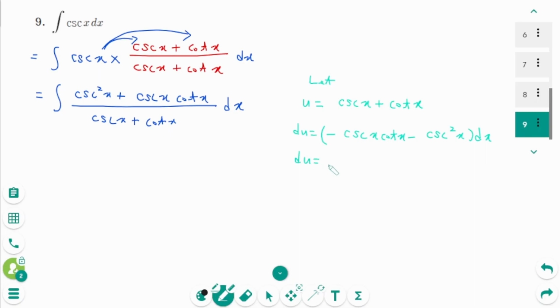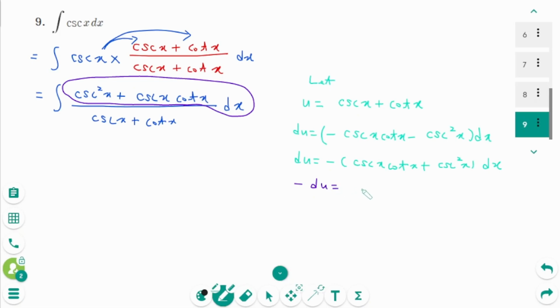Then du equals, taking out the negative sign, cosecant x cotangent x plus cosecant squared x dx. The numerator is positive, then divide by minus 1 on each side, then minus du equals cosecant x cotangent x plus cosecant squared x dx. Now change all x into u.